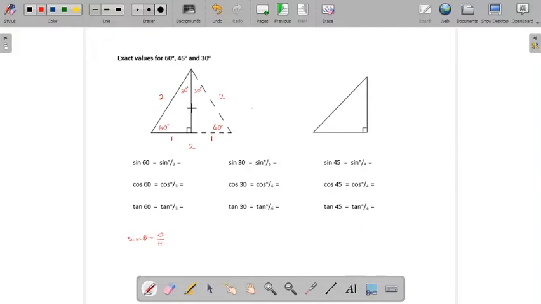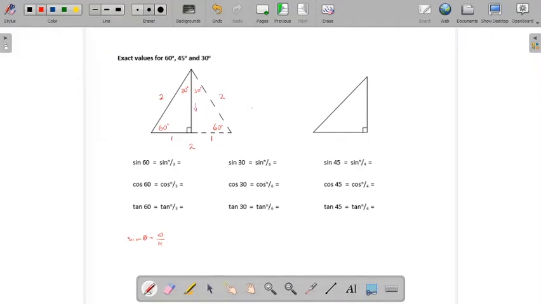What is the length of this one here? Well, if we consider Pythagoras' theorem, the sum of the squares of these two sides is equal to the square of the hypotenuse. This would be 2 squared, which is 4, and this is 1 squared.